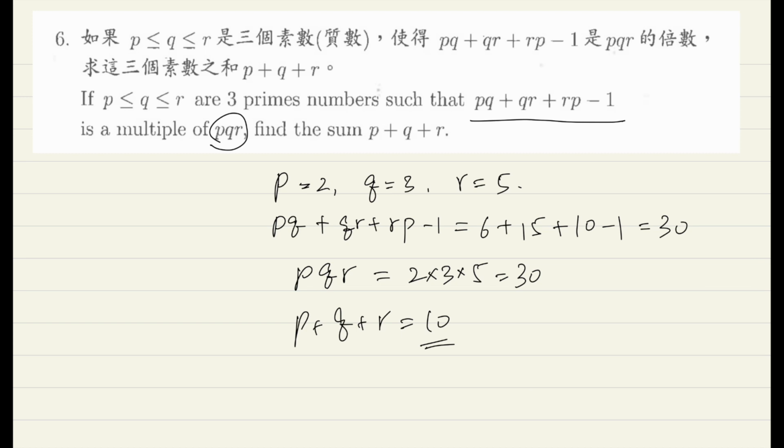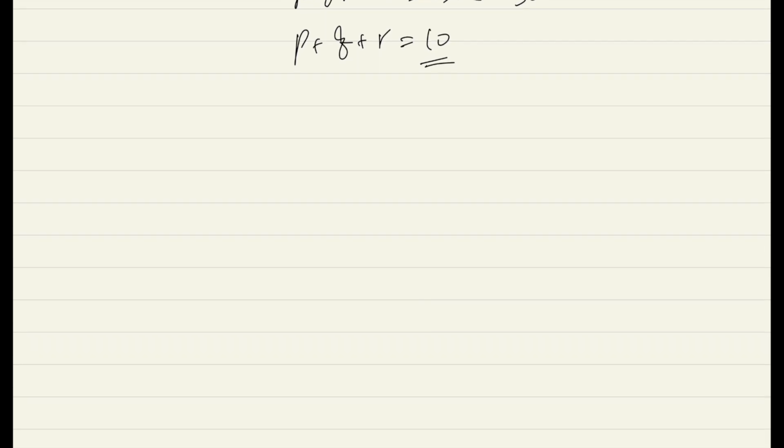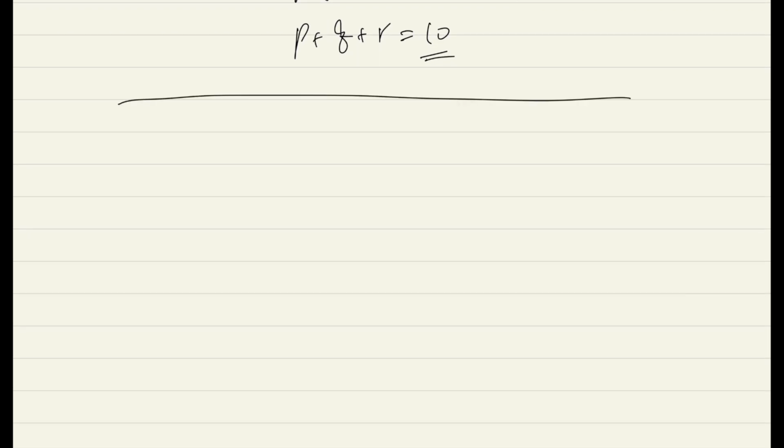But sometimes if you are unlucky and unable to find such solutions, the only option left is to use some techniques. The first thing is that PQR divides PQ plus QR plus RP minus 1.